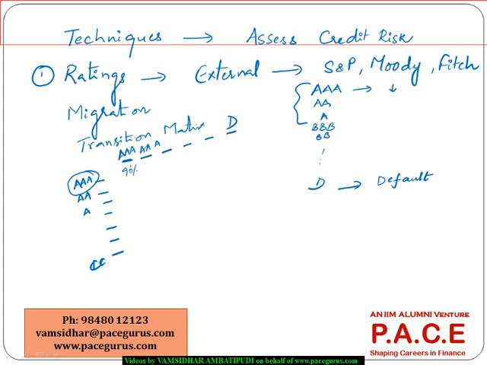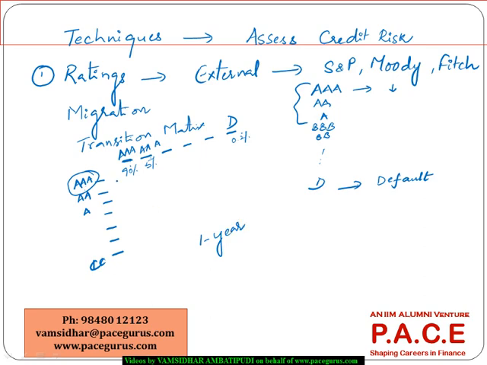How many of them which are AAA at the beginning of the year became AA at the end of the year? 5%. So like that, in a matrix of this form, how many of the AAA firms defaulted? Let's say 0.2%. Now this kind of a matrix is called the rating transition matrix, and this is typically prepared for a 1 year period.